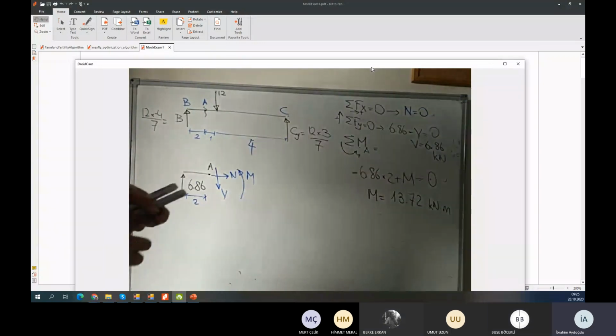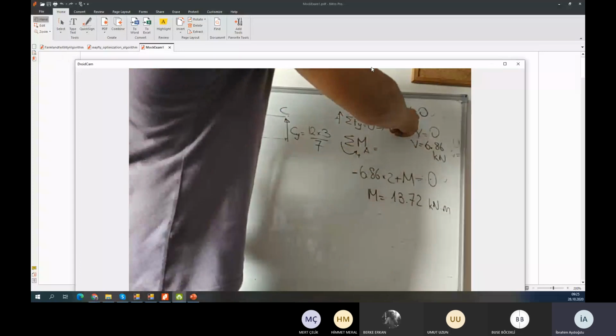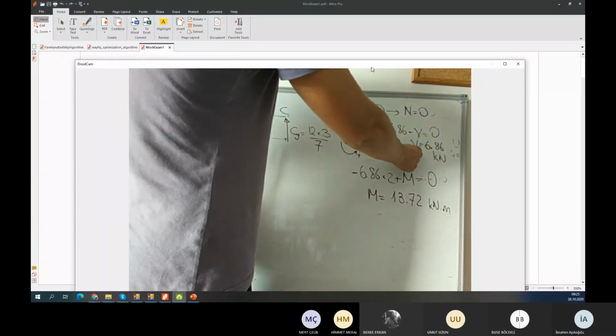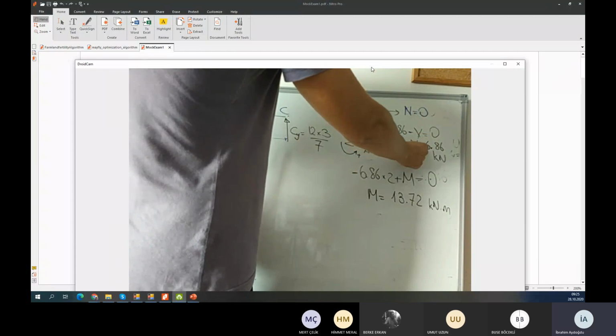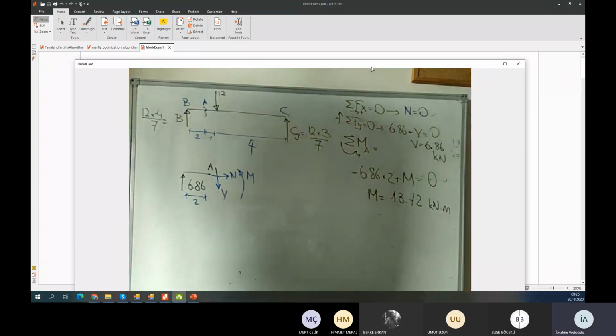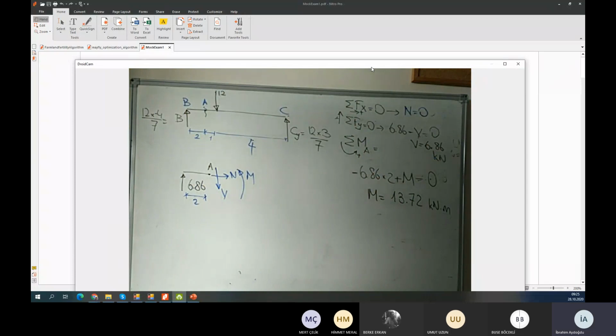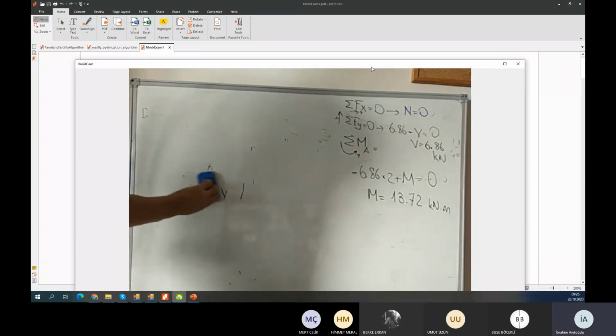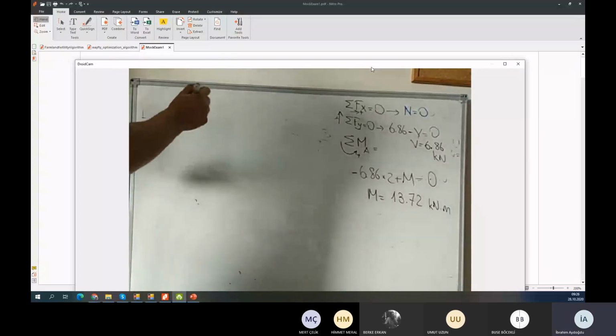So our internal forces: normal force is equal to 0. Shear force is 6.86 and moment is 13.72. So can I erase this part? Okay. If I take a cross section, I want to write it bigger.